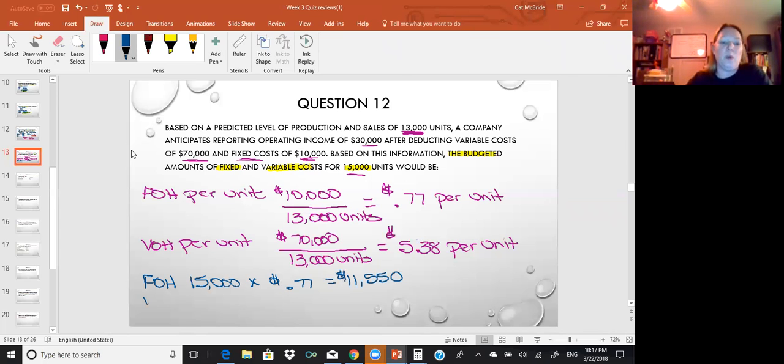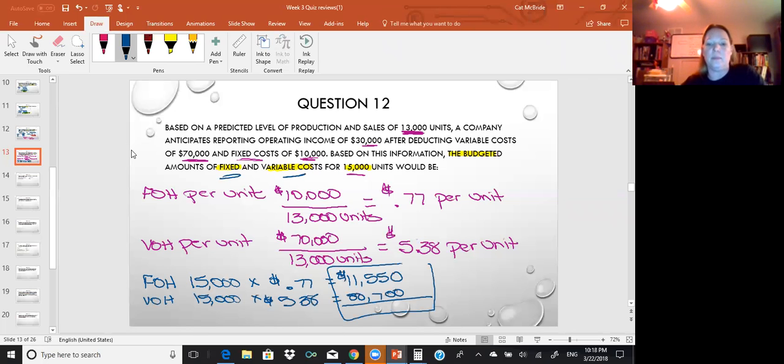And my variable overhead is 15,000 units times $5.38 per unit. So my variable overhead is 80,700. It doesn't ask for total, it asks for fixed and variable, so you're going to do both of those.